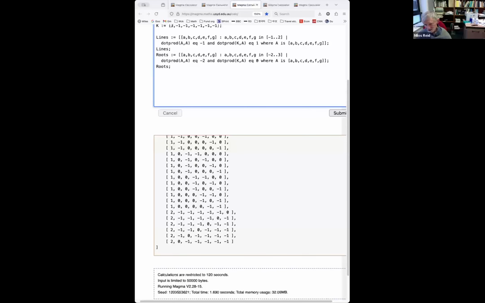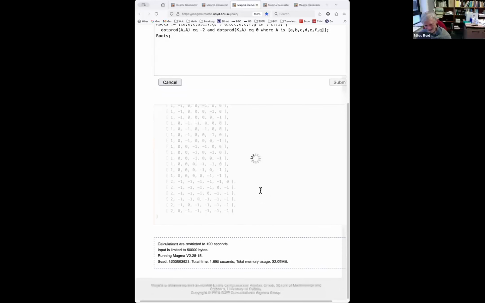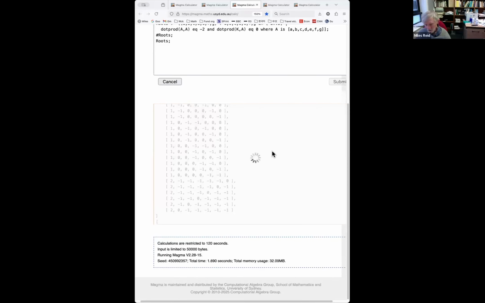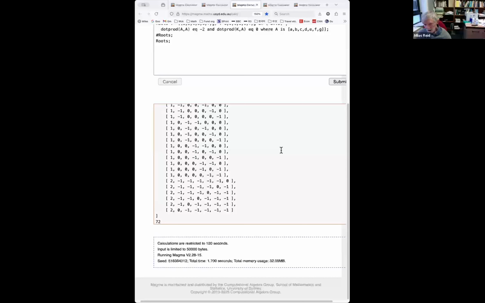Okay, so now let's ask who the roots are. And it will tell me, I think, 72. I'll ask for the number of roots. When you do computer algebra, it very often happens that you never want to see the output, but you do want to see the number of outputs.